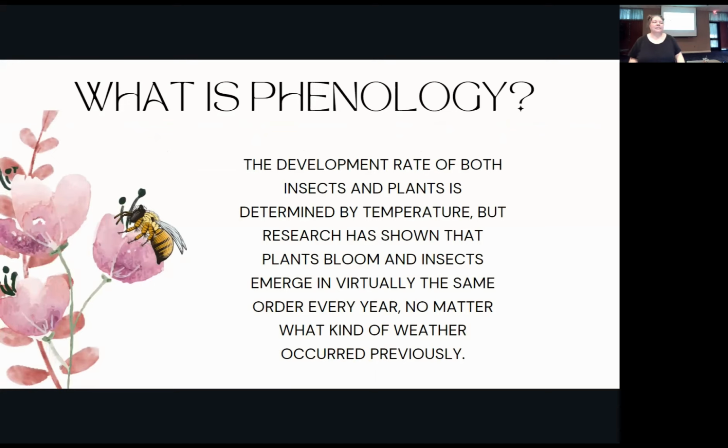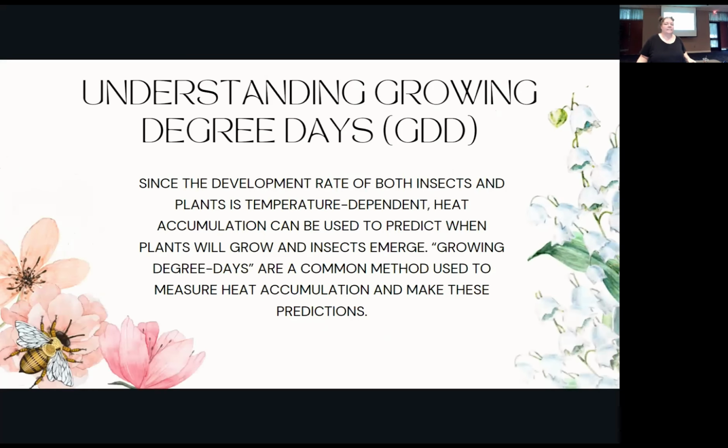How that relates to time and how that relates to honeybees is that we can determine when things are going to occur based on the accumulation of temperature. How farmers have managed to do that is through a scientific mathematical equation for what's called growing degree days.